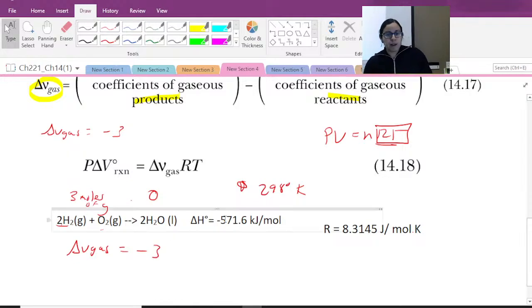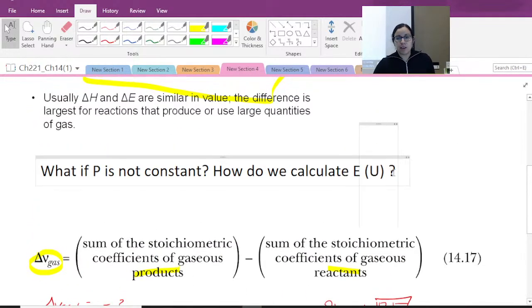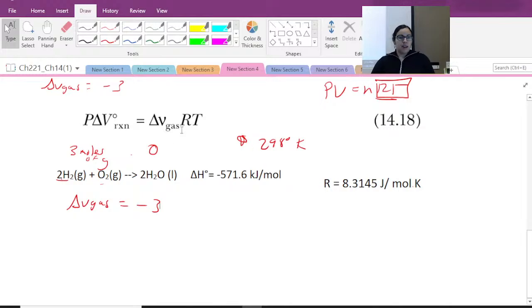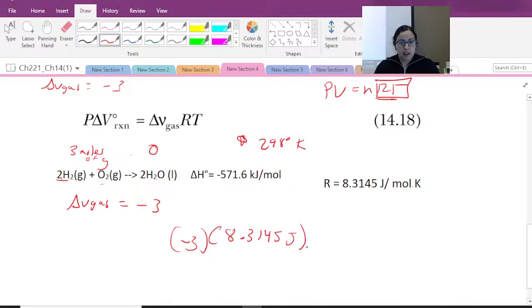And so now we can figure out our change in internal energy. So we can just plug in our values. So -3 times our appropriate gas constant for this scenario, joules per mole, and there's our molar amount. And then Kelvin. Again, just assuming 298 since I failed to give it to you.